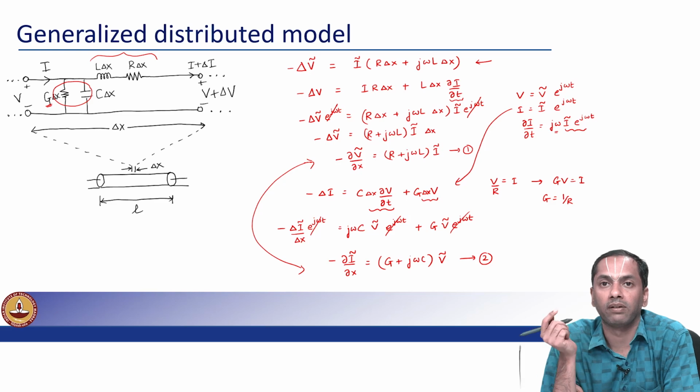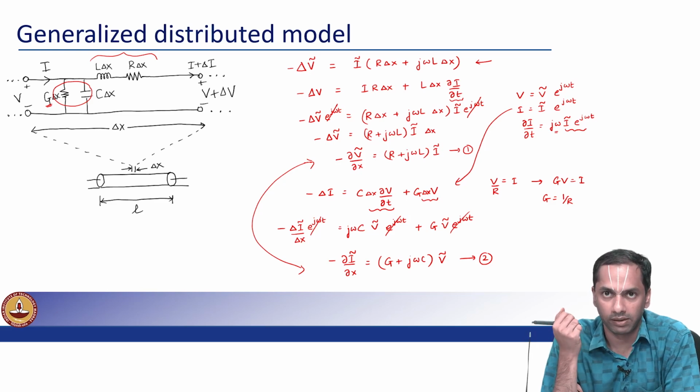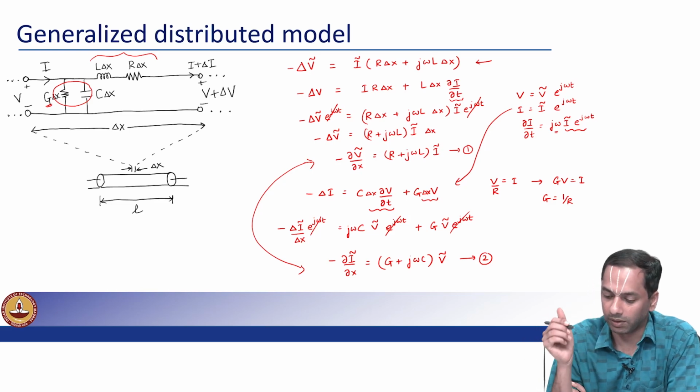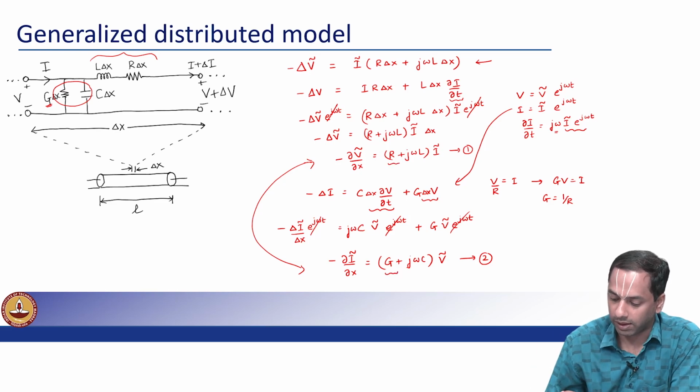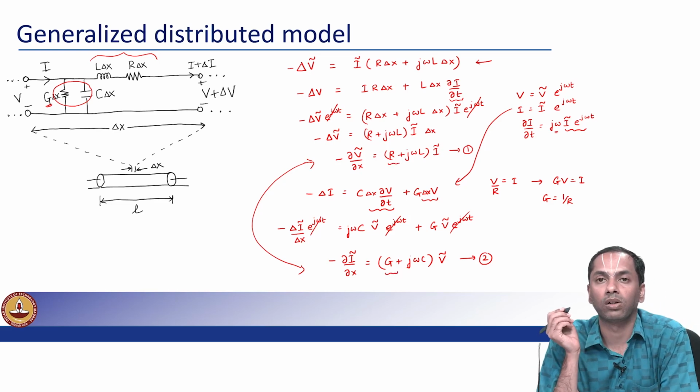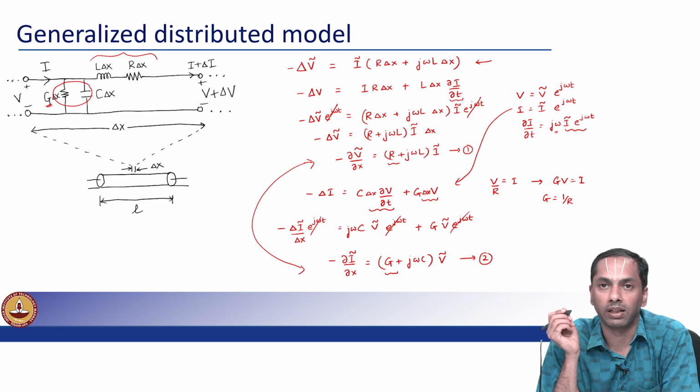We actually have very simple equations, very similar looking to the ones we had for the lossless case, except for the fact that there is now an R and a G adding on to the j omega L and j omega C. The equations and their appearances look very similar, right.